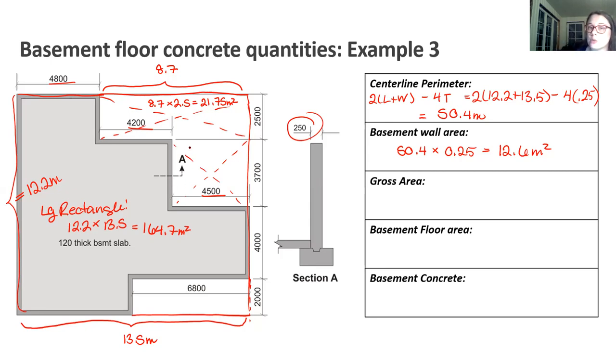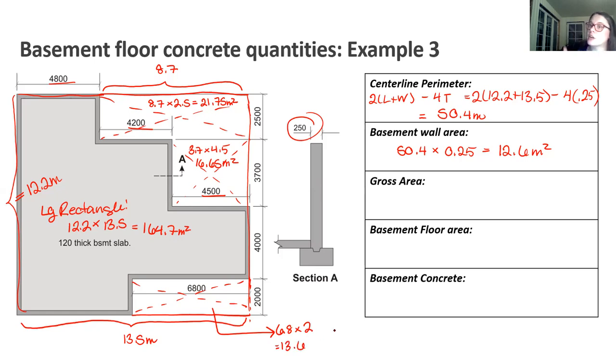So now this one, we're going to do 3.7 times 4.5. 3.7 times 4.5 will leave us with 16.65 meters squared. And then for the final one down here at the bottom, we have 6.8 times 2, which leaves us with 13.6.